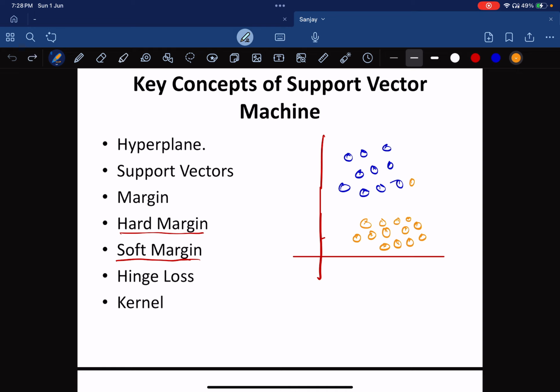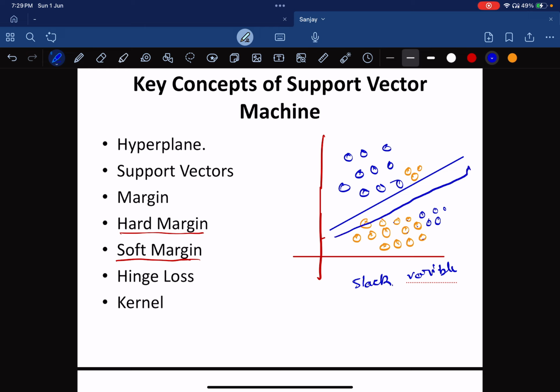For example, if some data points are in the blue classes and some are in the yellow classes, it will allow some data points into any other classes by introducing a slack variable. We introduce the slack variable to all the data points. We can assign a value to any slack variable.